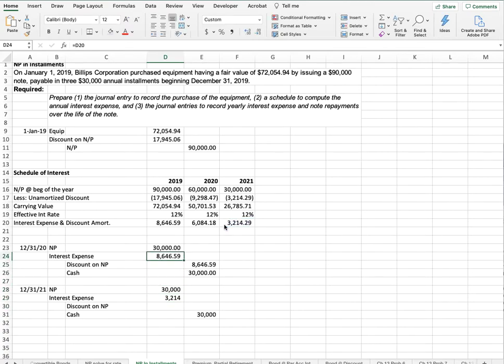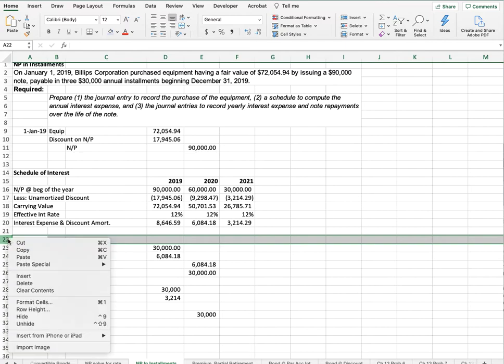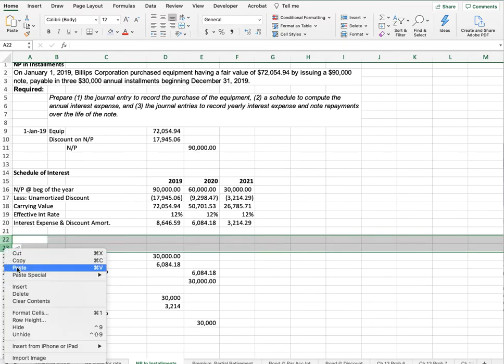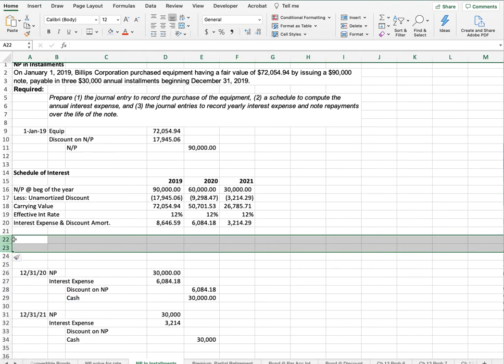And I just realized, I apologize, in 2020 we needed $6,084, which means we missed out on 2019. So let's add some rows.